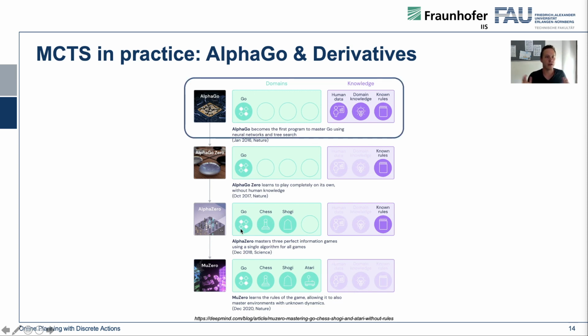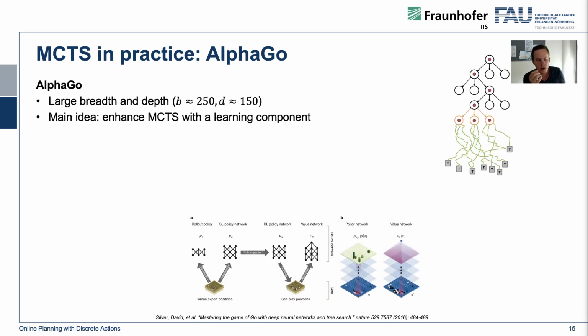So let's start with the original version of AlphaGo. Maybe some of you actually know Go. In Go you have a board where you play stones. They could either be white or black. The problem in Go is that the game has a large breadth and depth of the episodes.